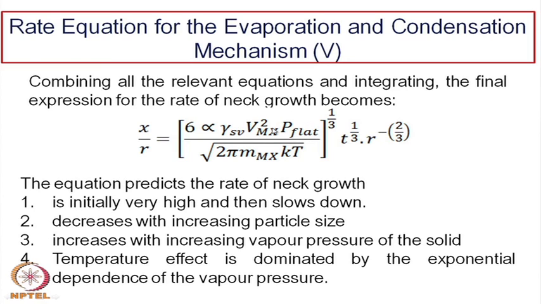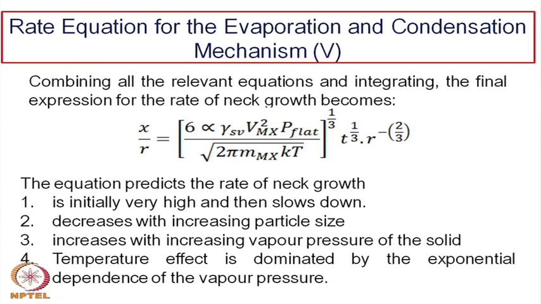So, the vapor pressure increases exponentially with temperature, and therefore, the x by r also will increase quite significantly with temperature. So, there are three different parameters which actually determine the rate. One is of course the time, then the initial particle size and temperature.